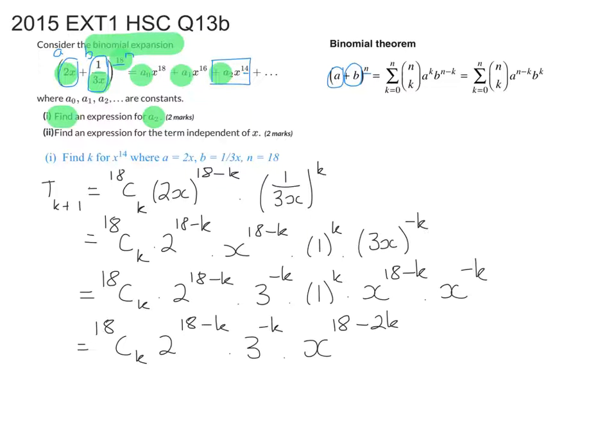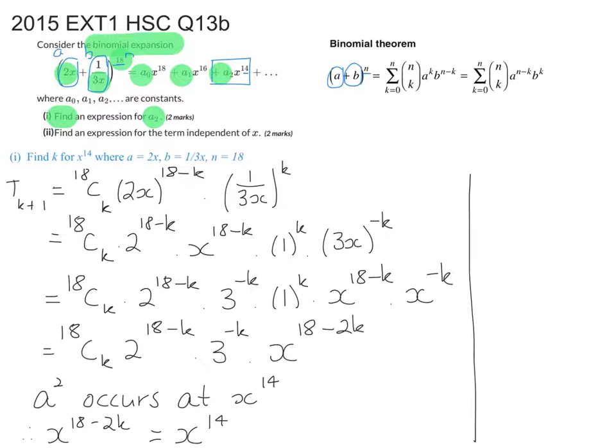Now a2 occurs when x's power is 14, and so just considering our x values and equating their powers, we're looking to equate 18 minus 2k to 14.